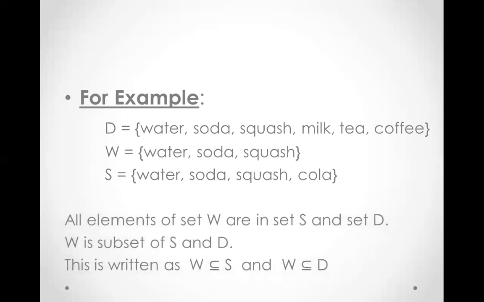All the elements of set W are present in set S and D. All the elements of W are also present in set D. Now W is a subset of S and D, written as W is a subset of S and W is a subset of D as well.